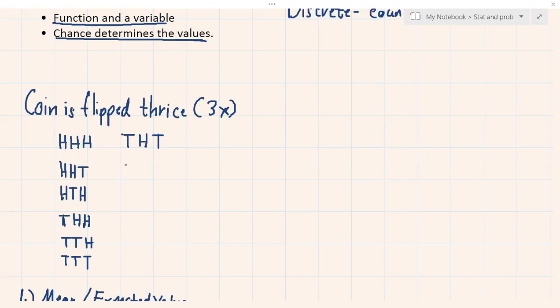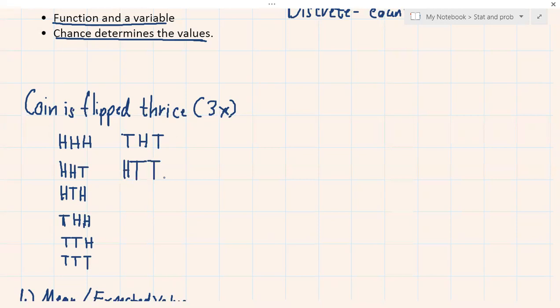Lastly, pwede tayong magkaroon ng first try, H, second try, tail, then third try, tail. Ayan. Alright, that's it. So, this is only the total possible outcomes lang eh. These are the only total possible outcomes na mangyayari if we flip the coin thrice.